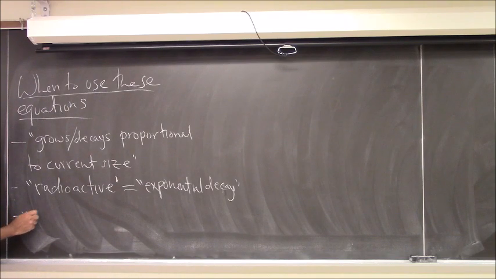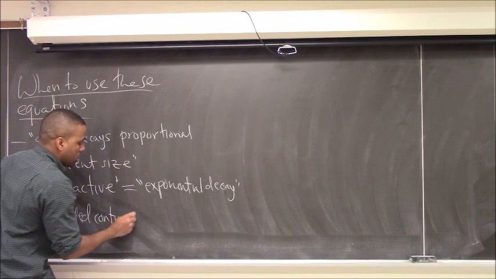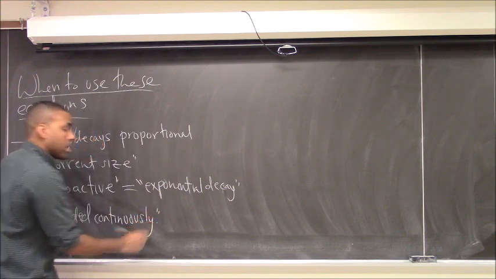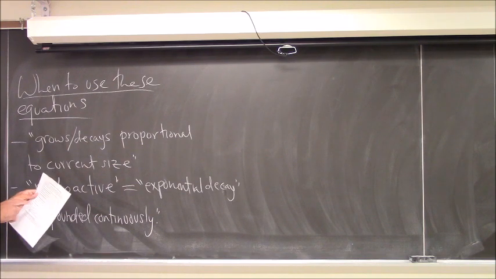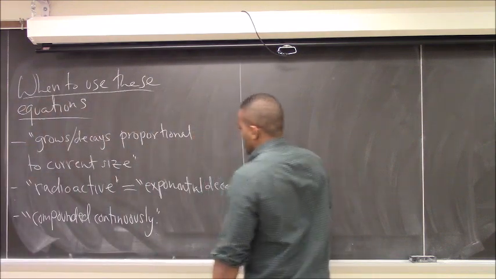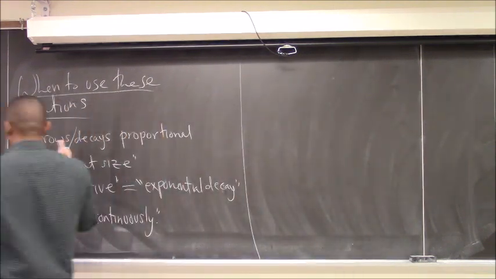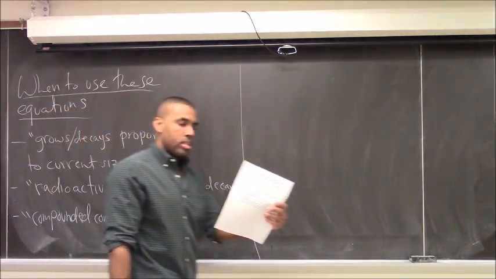You can also see phrases like compounded continuously, and this applies. In fact, when I was deriving the value for e, I talked about taking the compound interest formula and letting n go to infinity. You ended up with e. In a similar way, you get an exponential growth curve from the compound interest formula. These are hints to you. So whenever you see a word problem that mentions any one of these buzzwords, you know you have to use these sets of formulas.